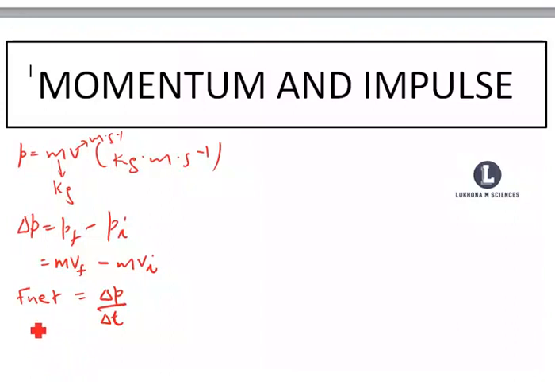Then we also talked about the impulse, that is F net times delta t. Impulse is defined as the product of the net force and the time, which is also equal to the change in momentum.